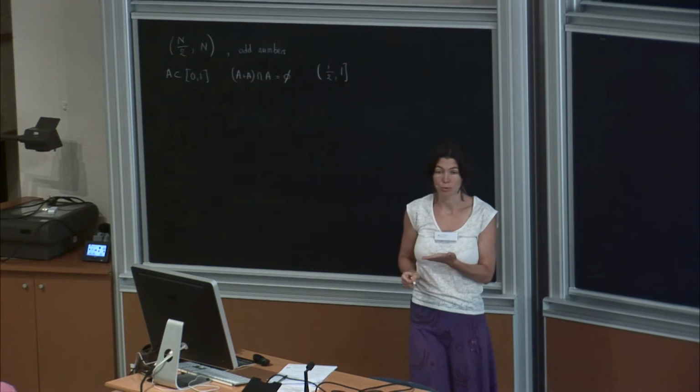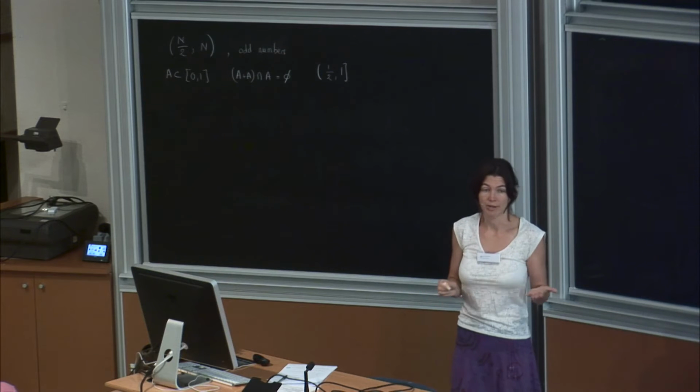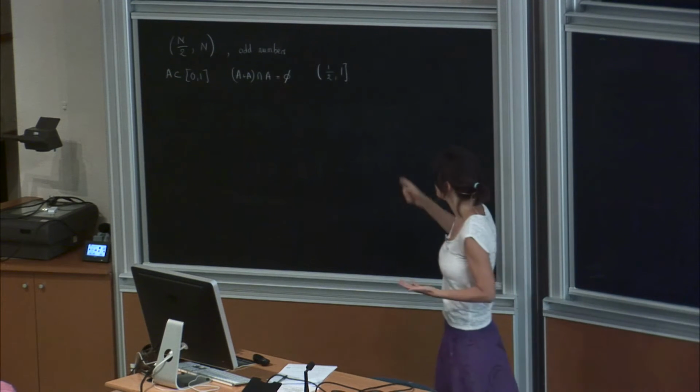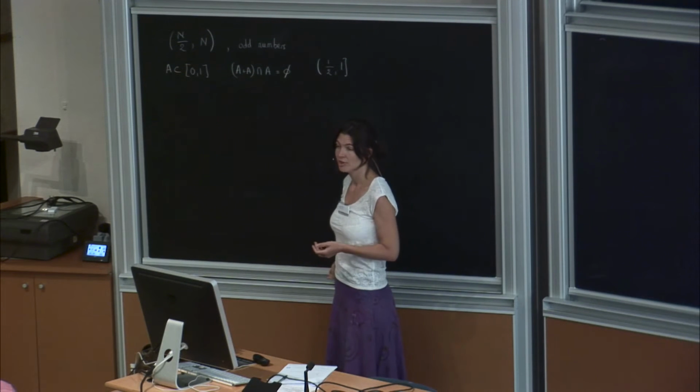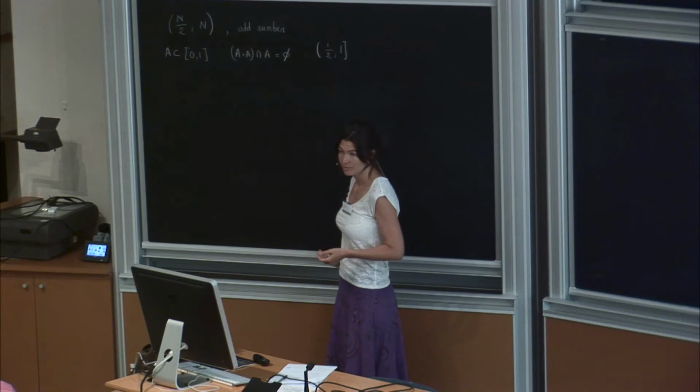And this is a maximal set. The density 1/2 is the maximal you can hope. The measure here is the maximal density you can hope.